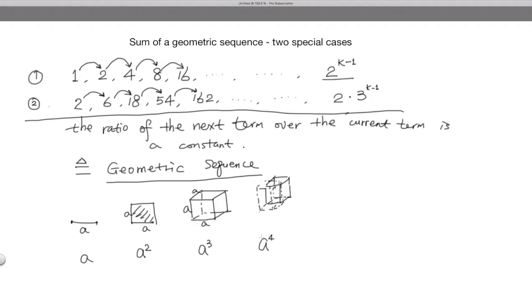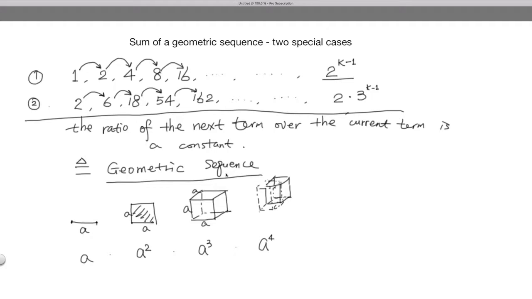And the volume of that hypercube is A to the fourth. So you see that for volumes in different dimensions, the ratio of the next term over the current term is A, and it exactly follows such a sequence. This has a geometric meaning, and maybe because of that reason, we call it a geometric sequence.